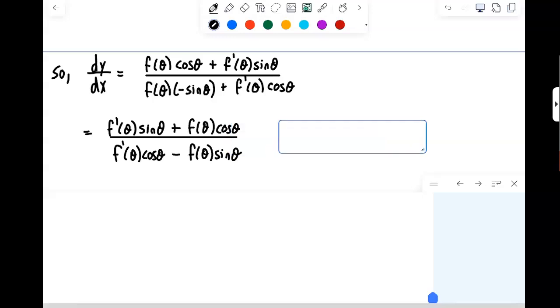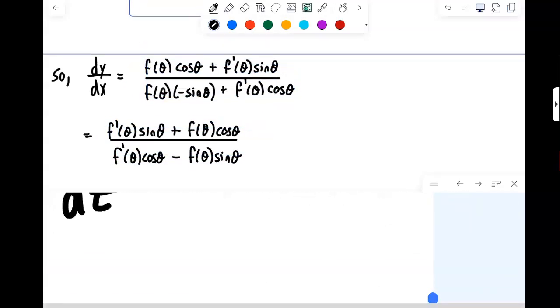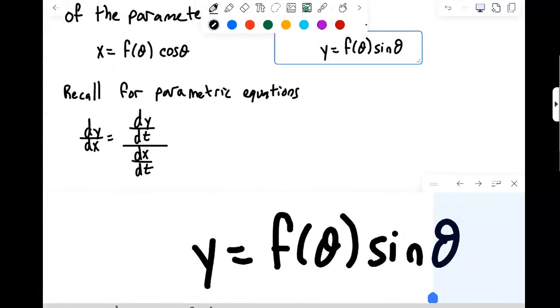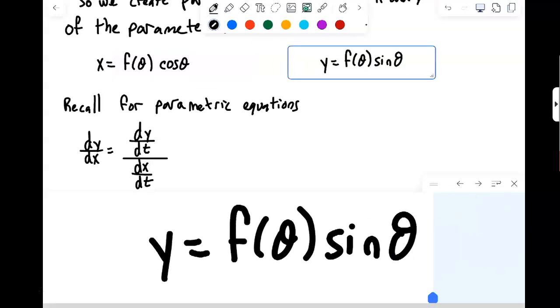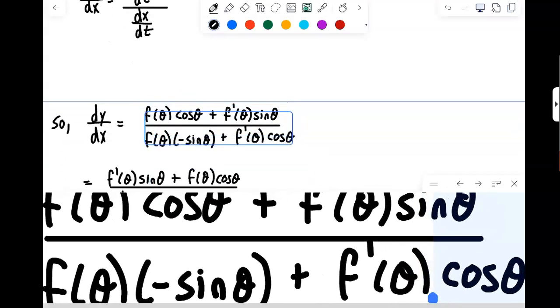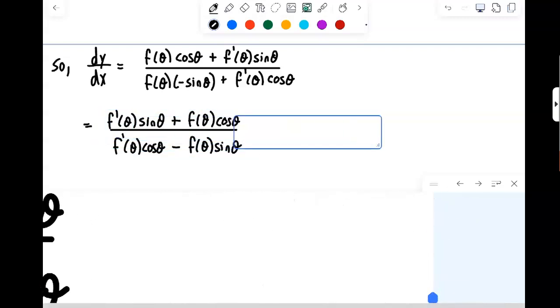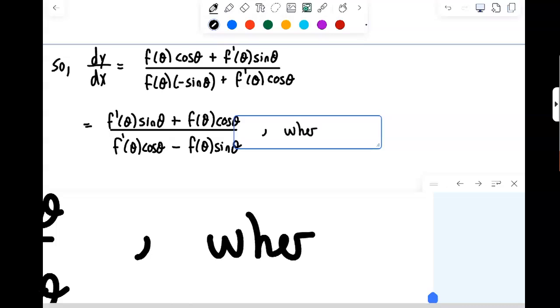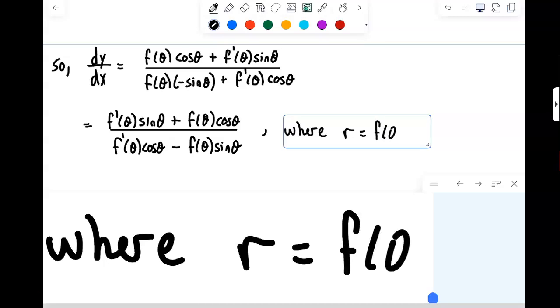Now you don't have to rewrite it this way. In fact, I would encourage you not to memorize this, but just to remember that it comes from the product rule applied to both numerator and denominator. I would just remember how to derive it. But it's worth having, so if you're going to be using it, go ahead and derive it first, and then use it, where again, r is equal to f of theta.